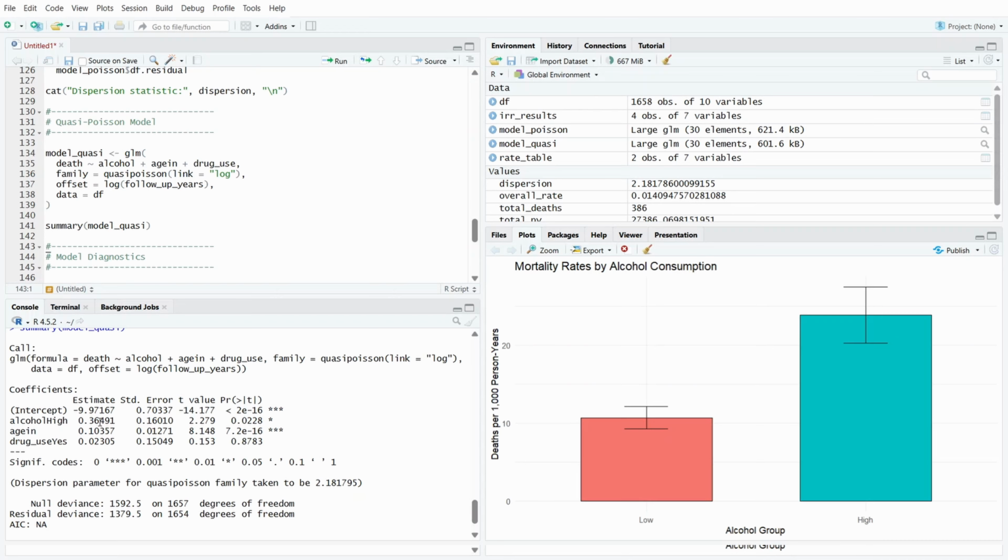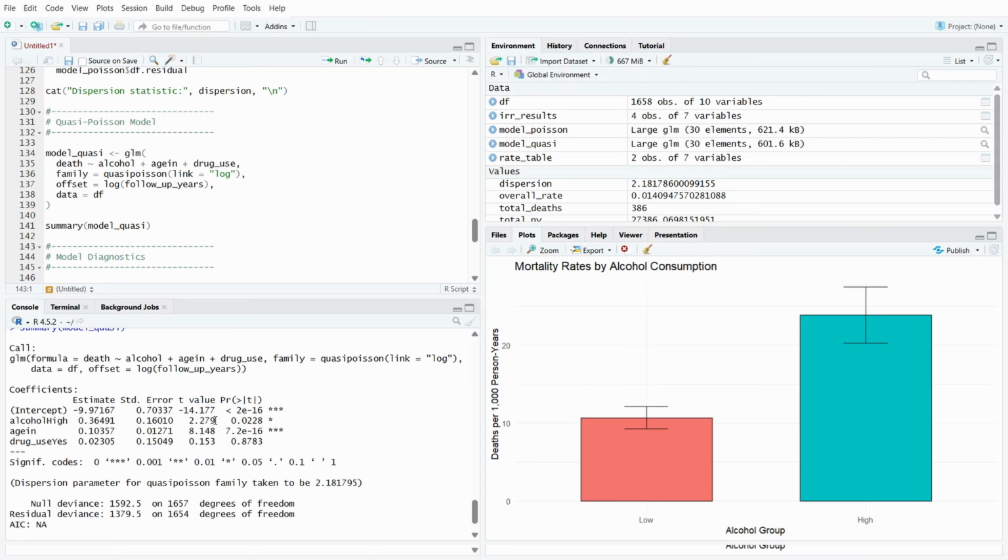Now, alcohol use, the coefficient remains 0.365, exactly the same as in the Poisson model, but the standard error has increased from about 0.11 to 0.16. As a result, the test statistic drops and the p-value rises to about 0.023. So alcohol is still statistically significant, but the evidence is weaker than before.